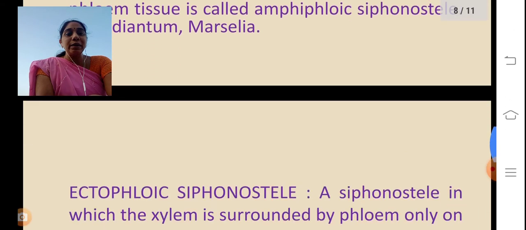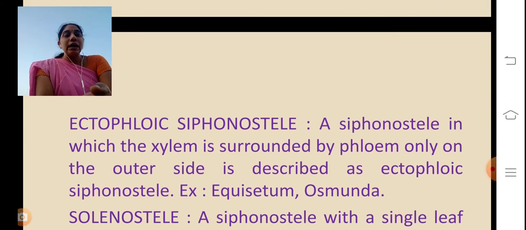So another type of siphonostele is ectophloic siphonostele. A siphonostele in which the xylem is surrounded by phloem only on the outer side is described as ectophloic siphonostele. Examples: Equisetum and Osmunda.